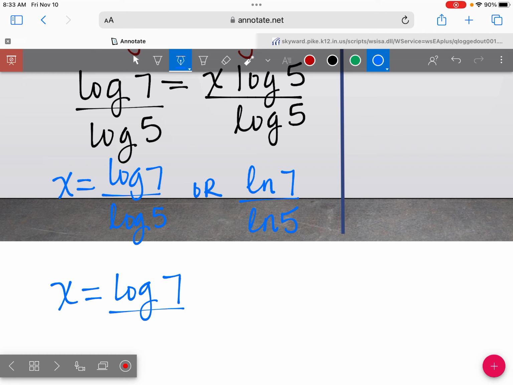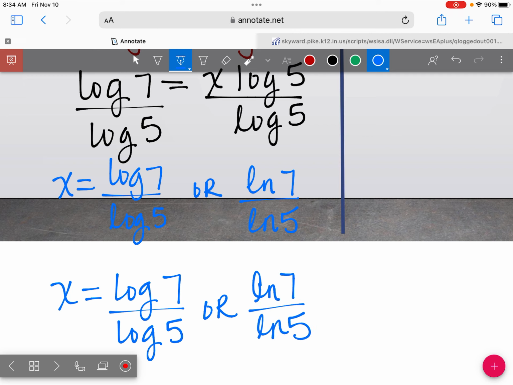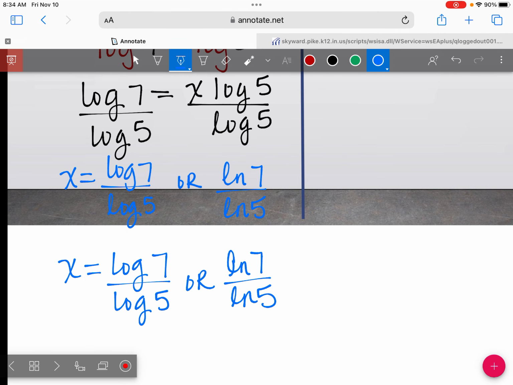So you can type in log 7 divided by log 5, or natural log 7 divided by natural log 5. So when you type that in your calculator, and again, you can use natural log or common log, they both give you the same answer. You get x equals 1.209.